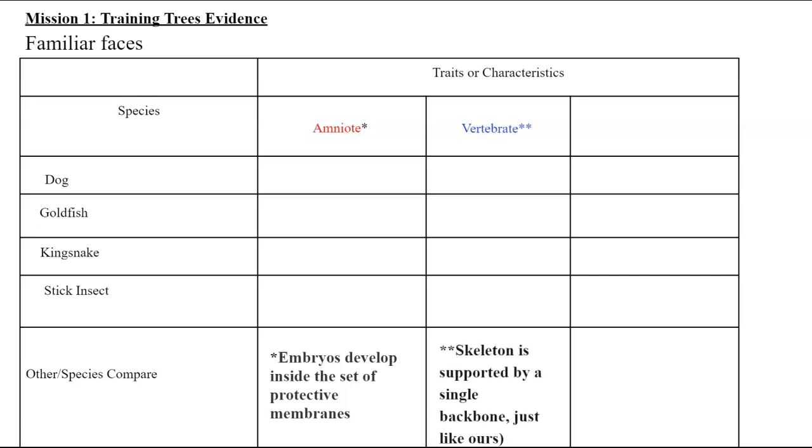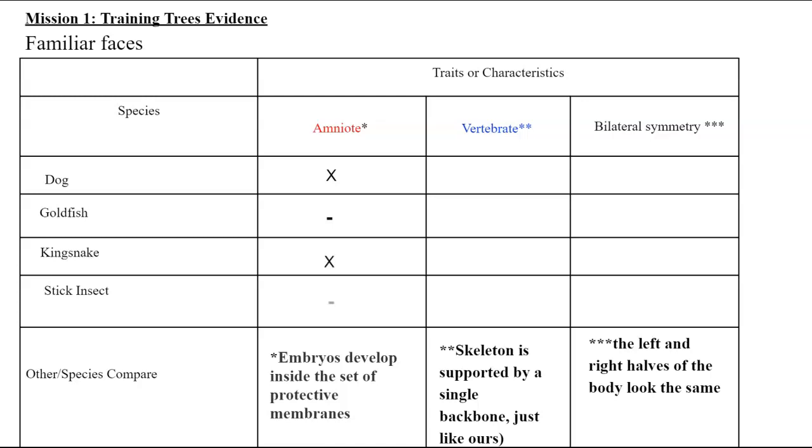Vertebrate, those are skeletons supported by a single backbone, just like ours. And bilateral symmetry, which means that their left and right halves of the body look the same. So if you were to cut them down the middle, they look very similar on the left and the right. Amniotes are the dog, not the fish, and the king snake, not the stick insect.